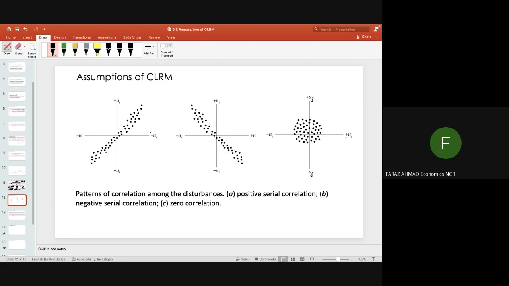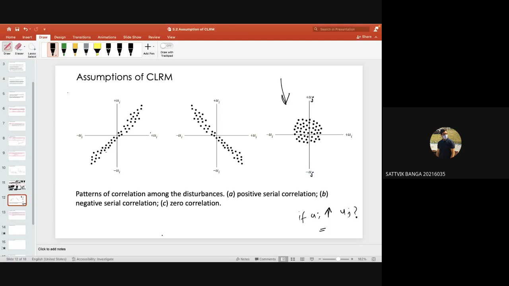So we have ui's on the x-axis and uj's on the y-axis. If somebody asks you to look at this graph and tell them, if ui rises, what happens to uj? What will be your answer? We can't define that. We can't say anything here.